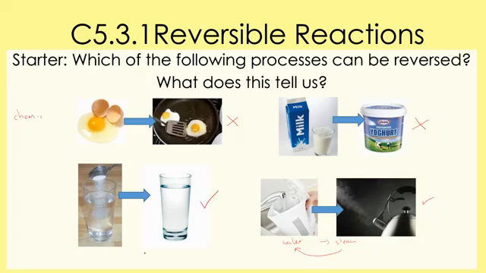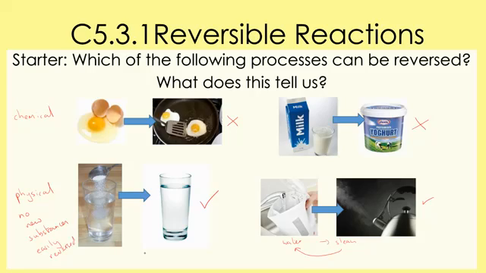So hopefully you remember from year 9 that if something can't be easily reversed, then it's a chemical change. And if it can be easily reversed, it's a physical change. In a physical change, there's no new substance. So no new substances are made, so it can be easily reversed.